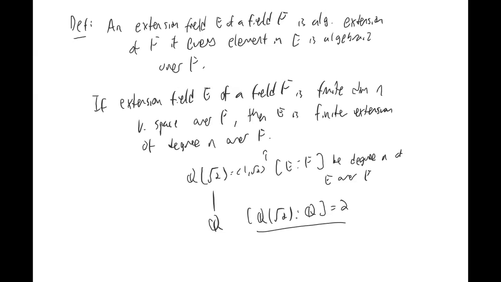So let me just note that a finite extension does not mean a finite field. This is a finite extension of Q, but clearly this is not finite, I mean, Q is not finite. So don't mix those two terms up.